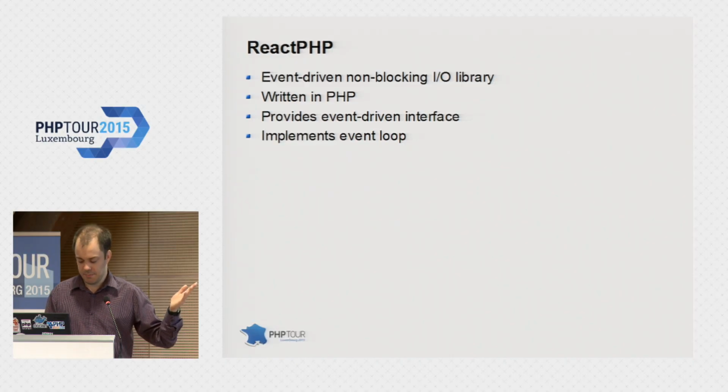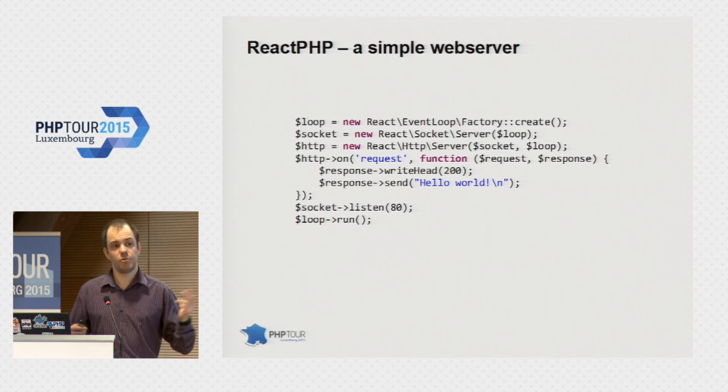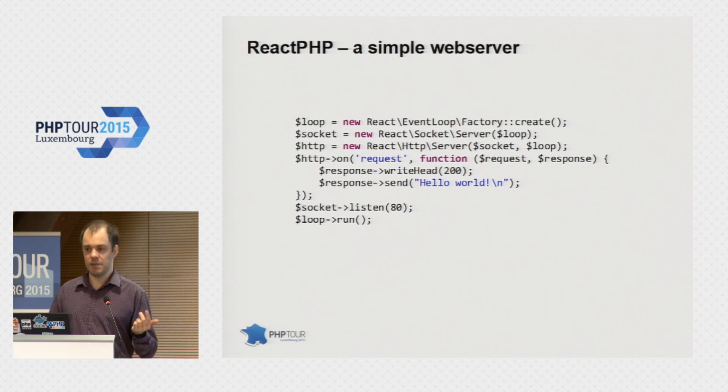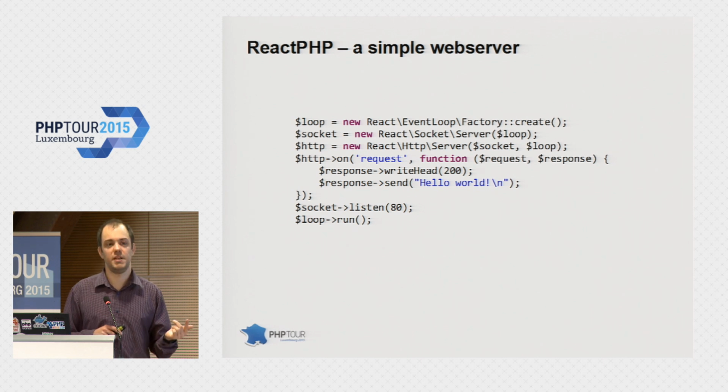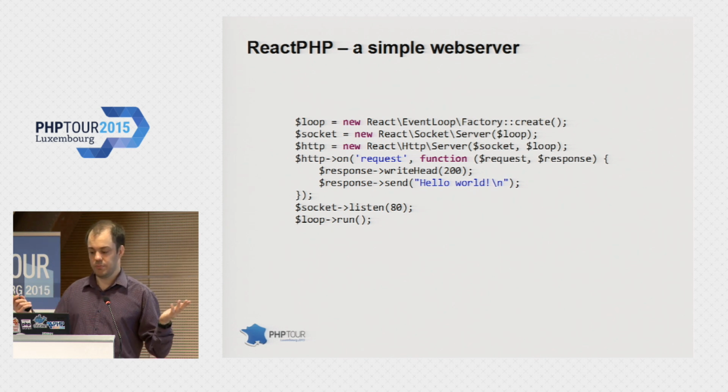A very simple example of this is a simple web server. You can create a web server within PHP code that's written in ReactPHP that builds on asynchronous PHP libraries. First thing we do here is we create that event loop. So we just say new React event loop factory create. Now we have an event loop. Then we can create a socket that's going to listen on some port.